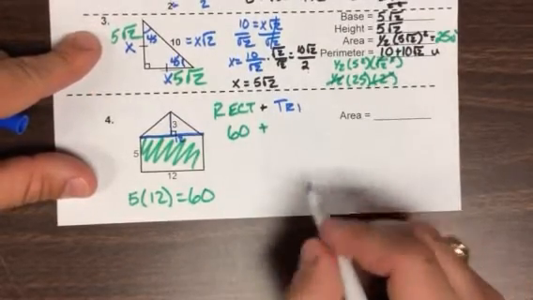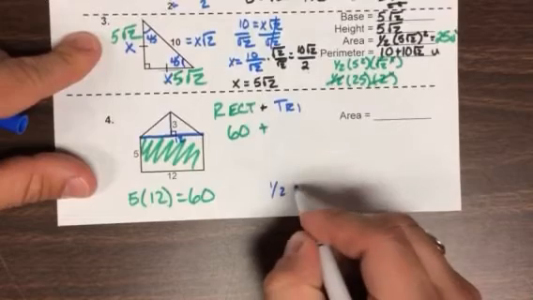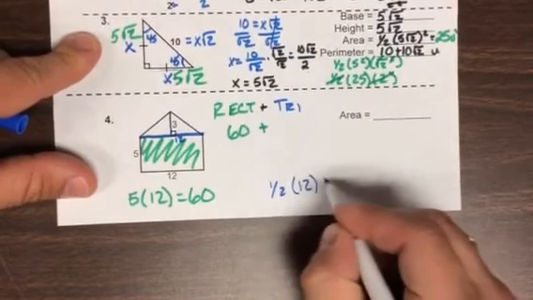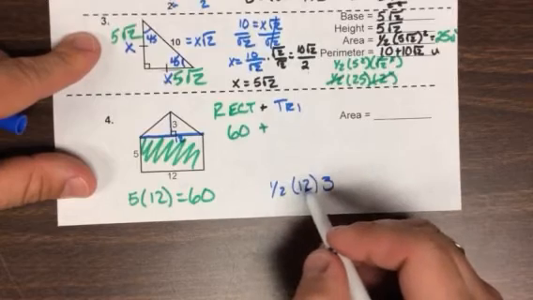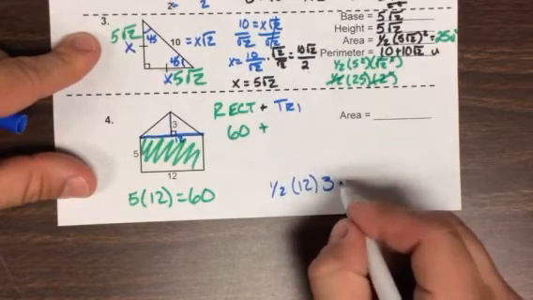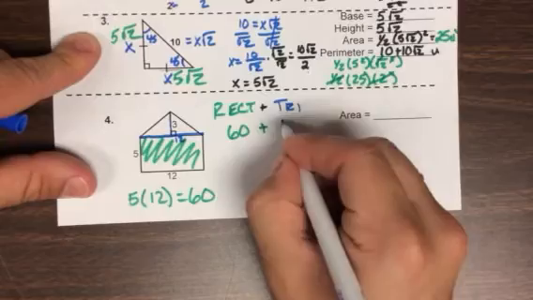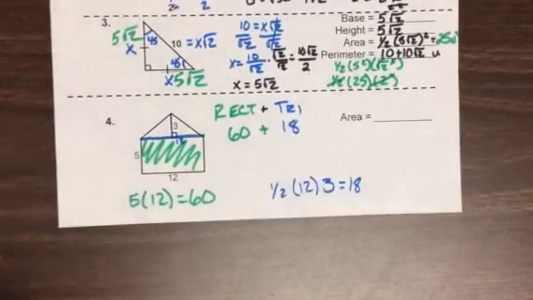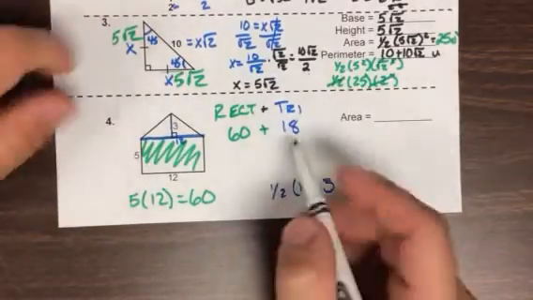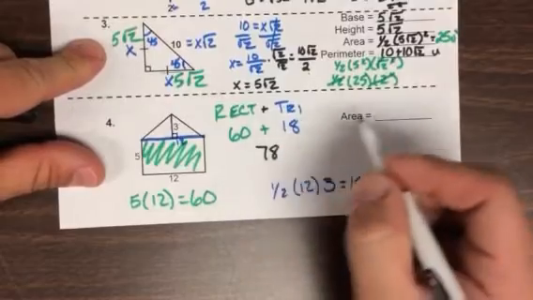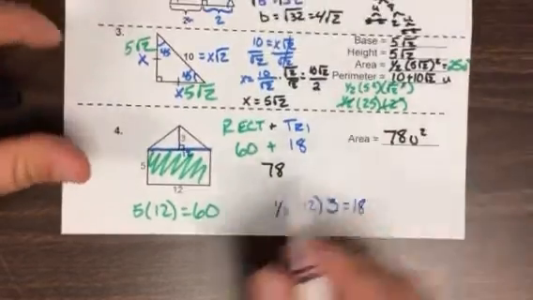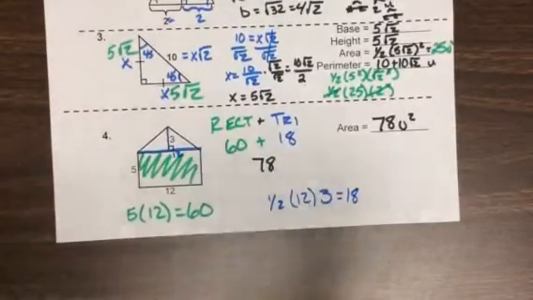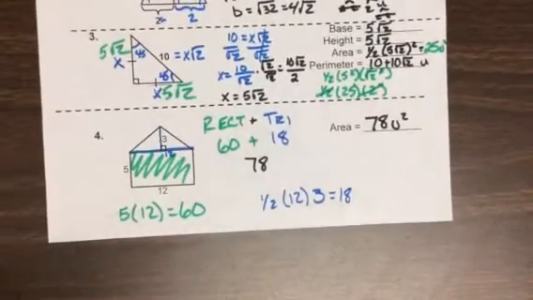So my triangle formula is 1/2 base, which is 12, times height, which is 3. Well, 1/2 of base is 6, times 3 is 18. So just that easy, I can say 60 plus 18 gives me 78, which means that my area would be 78 units squared.